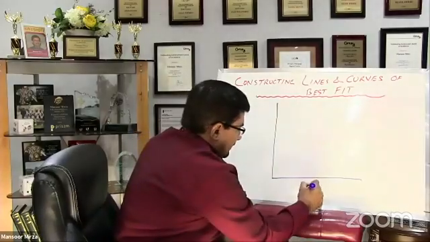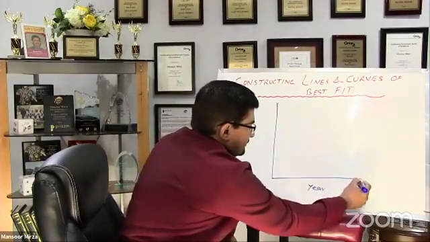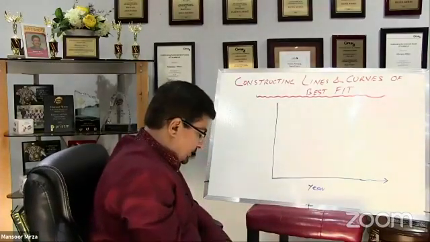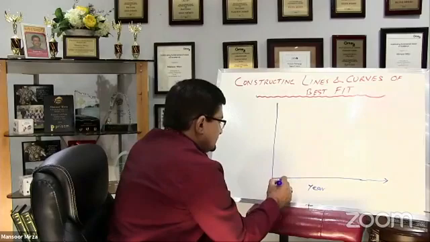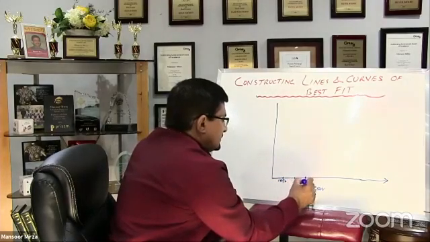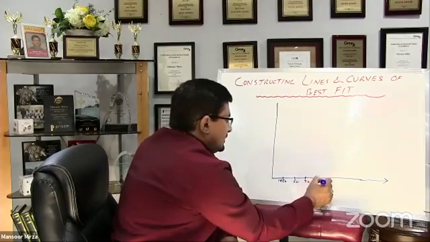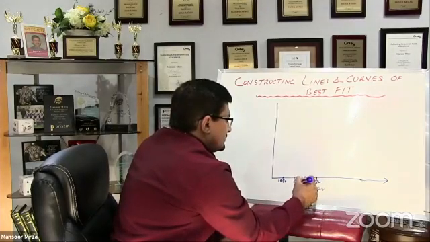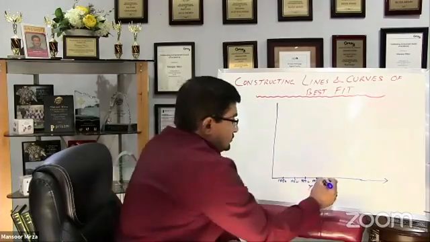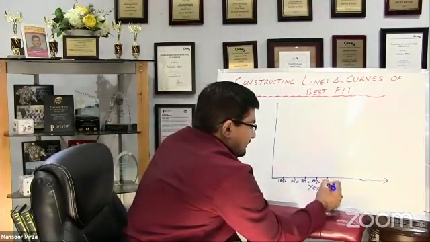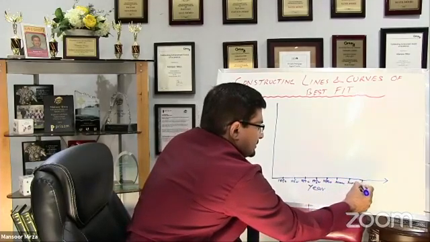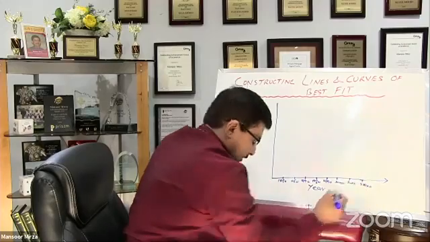So let's say I have years, and the years I have are 1950s, then 60, 70s, 80s, 90s, 2000, 2010, 2020.